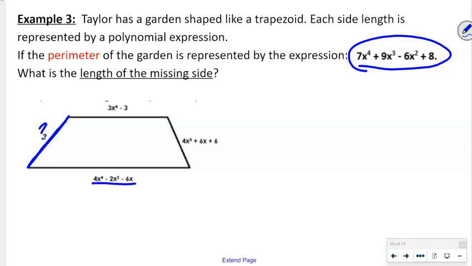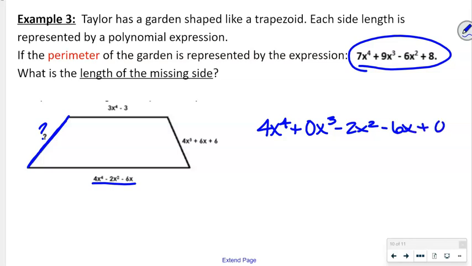So I'm going to start with this one down here, and I'm going to show y'all how I would approach this problem. So it's 4x to the 4th plus, and I'm going to do 0x to the 3rd because I don't have one of those. And that gives me a space holder in case I get an x to the 3rd. Then we've got minus 2x squared minus 6x, and then I'm going to just again say plus 0.